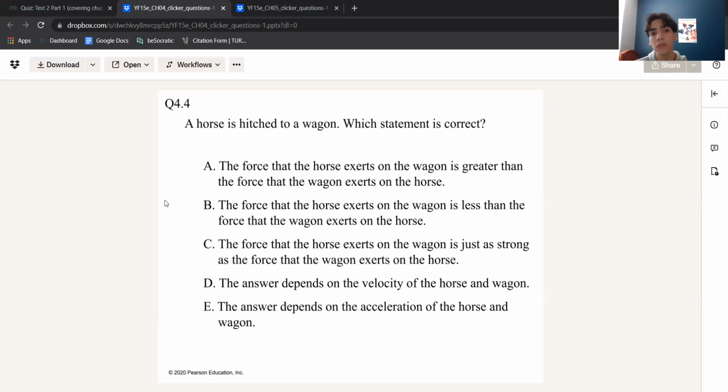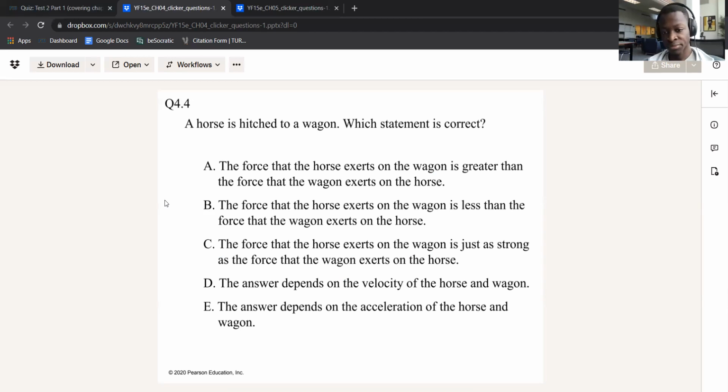So I want to say D, since it depends on the velocity of the horse and the wagon. I might be wrong. I like the direction you're going, because it doesn't say whether the horse is moving at a constant rate or if it's accelerating. It doesn't really say.